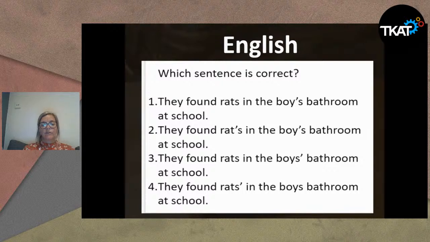This is a good one for an English lesson where you've been teaching apostrophes. Again, often there's a misconception and children will probably choose one as the wrong answer.